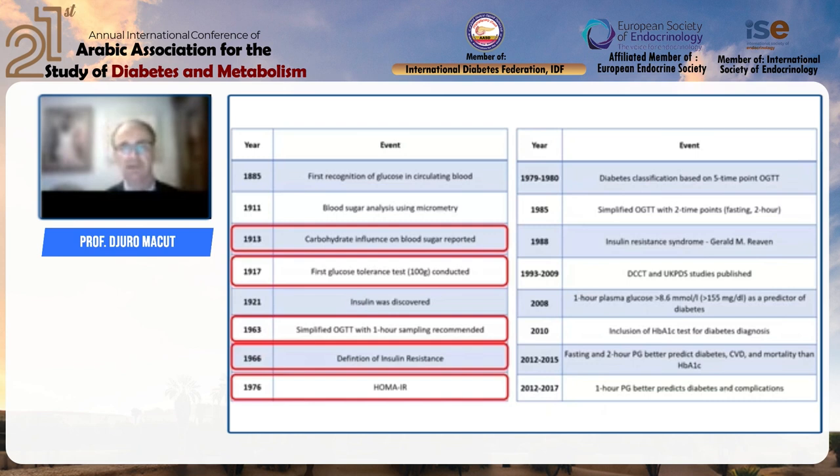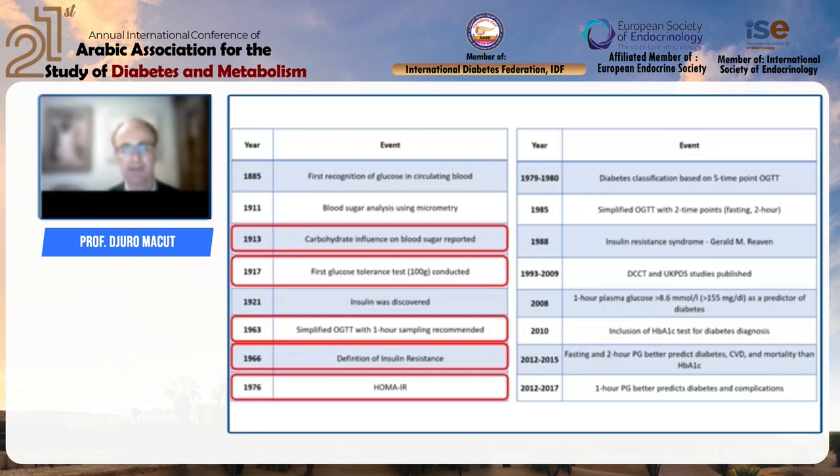So there are direct effects of nutrition on blood sugar levels, and then the first tests were introduced, the first being the 100 gram glucose tolerance test. In the 60s rationalization began, so we started to use, for instance, 1 hour sampling in the tests, and that was recommended.